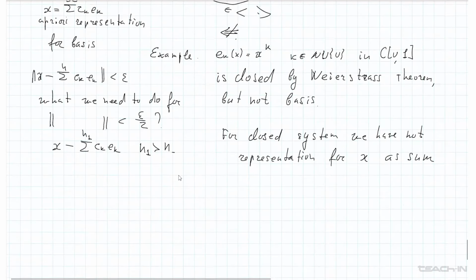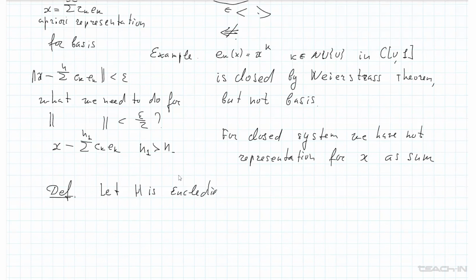The following definition. Let H be a Euclidean space. A system is complete. Don't confuse it with the notion of a complete space.